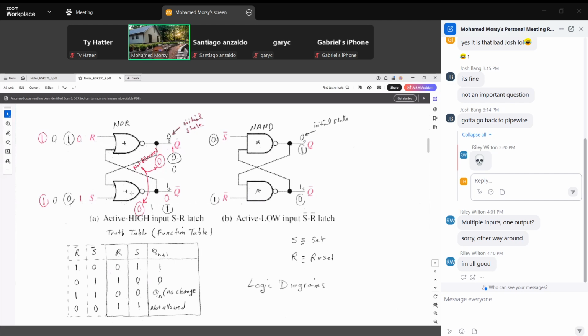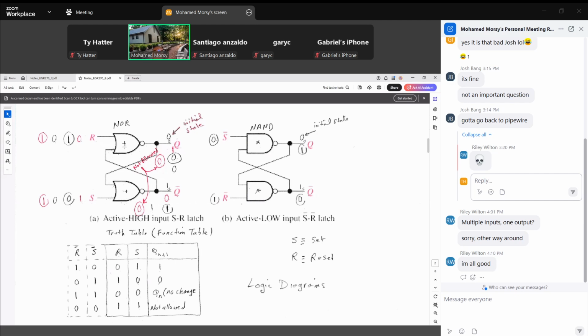Why not allowed? Okay, let us see. Assume we have 1, 1 here, the red ones in circles. Again, S is 1 and its initial state is 0, so Q is 0 here. So we have 1 and 0, which is 1, inverted to 0. So we have 0 in a circle here.